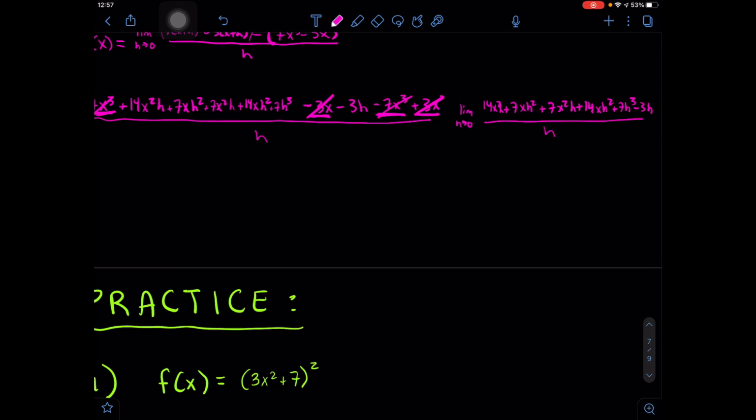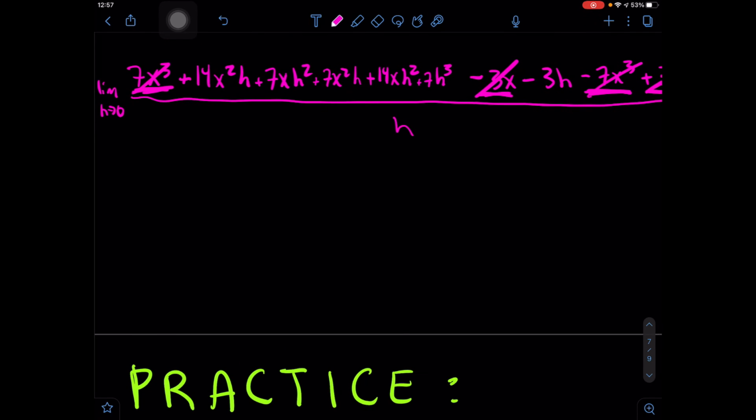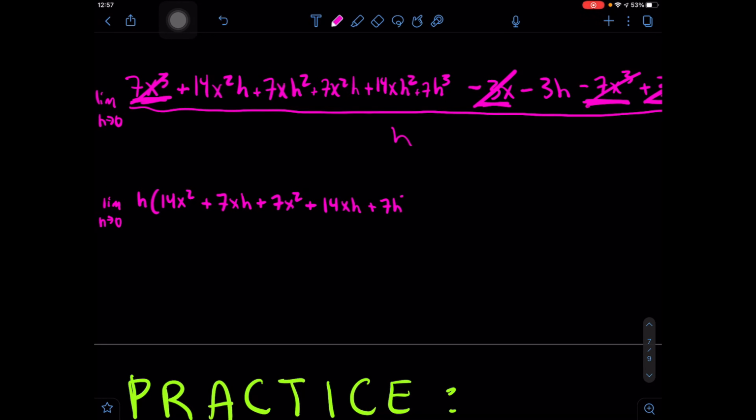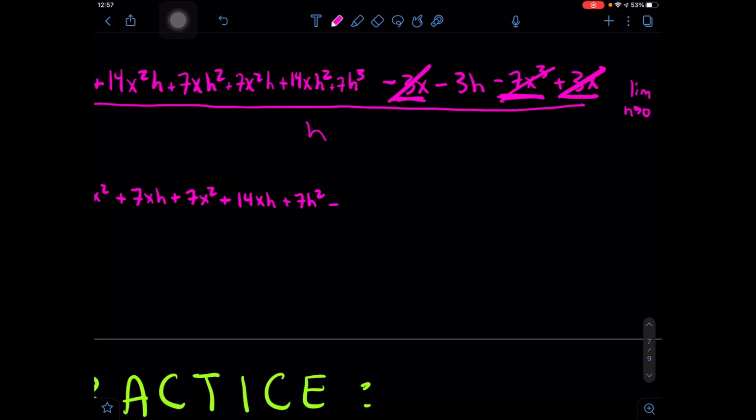over h. Now since all of this has an h in it, we can take out an h, so that would be the limit as h approaches 0, take out an h, it would be 14x squared plus 7xh plus 7x squared plus 14xh plus 7h squared minus 3.